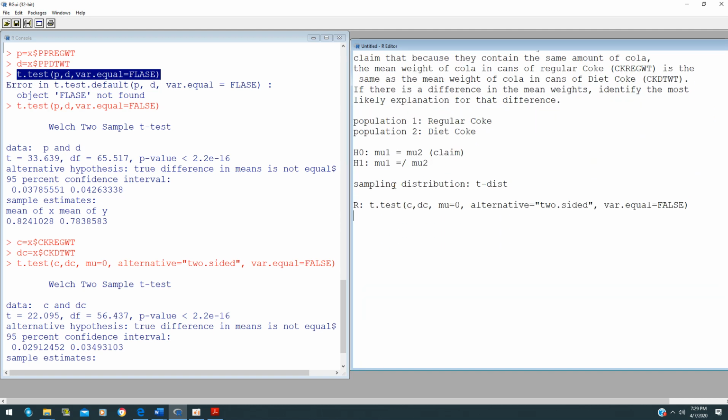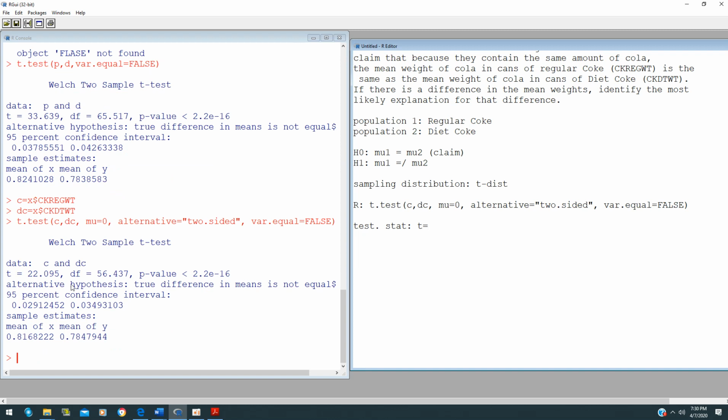So in this case, we can tell what your test statistic is. Your test statistic in this case is given to us by the t. For this question that we have, it is 22.095, and the p-value in this case is given to us by, again, less than 2.2 e to the negative 6. It's very small, even smaller than 0 plus.